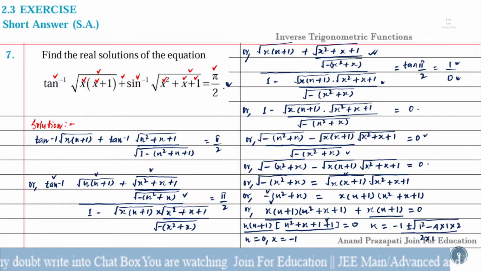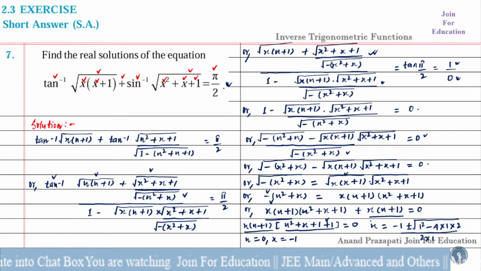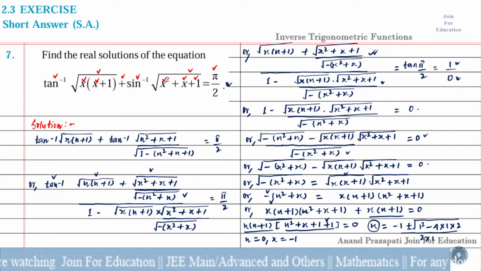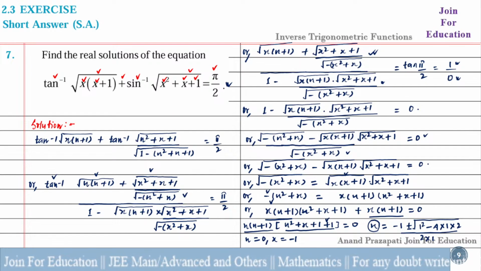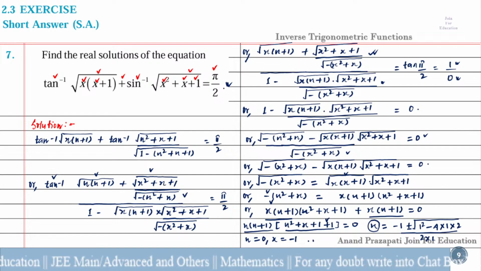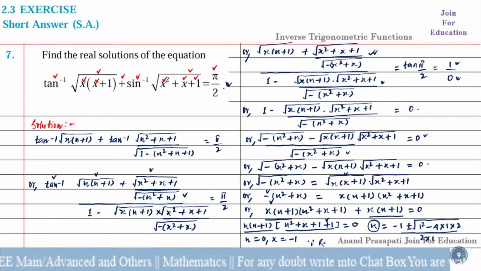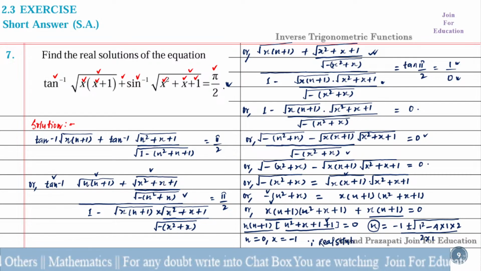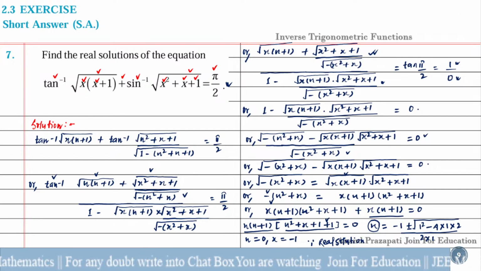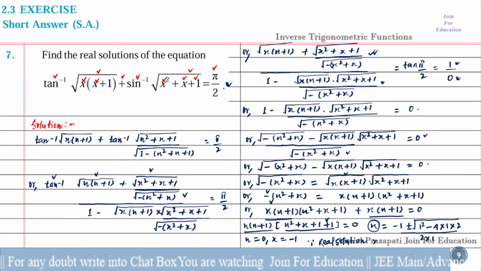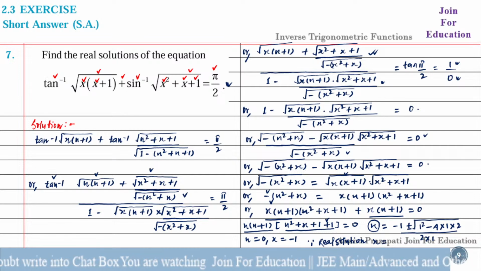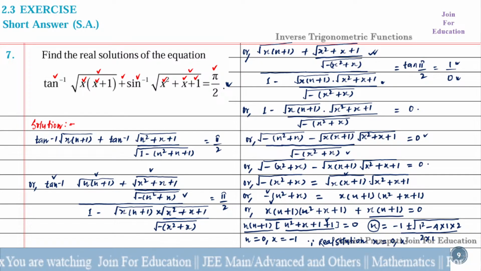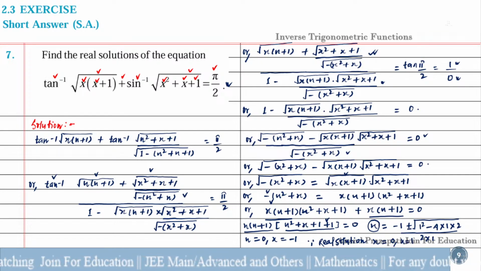So this is the complex number. From this one we get the value of x as the complex number. So the real solution will be, therefore, real solution equal to x equal to 0 and x equal to 1.